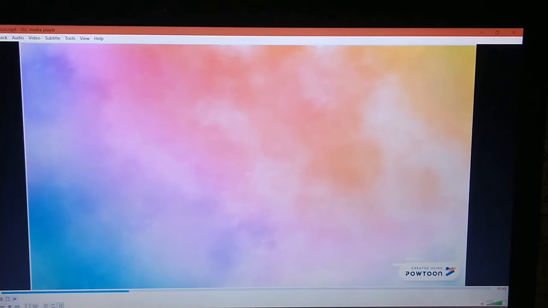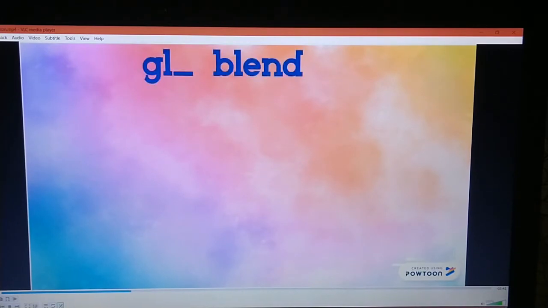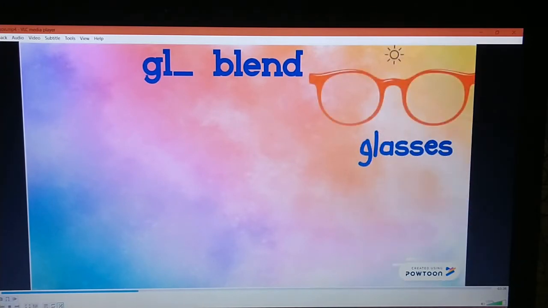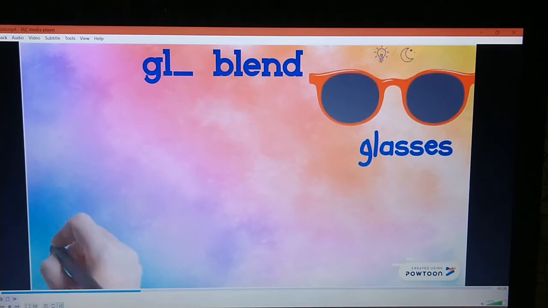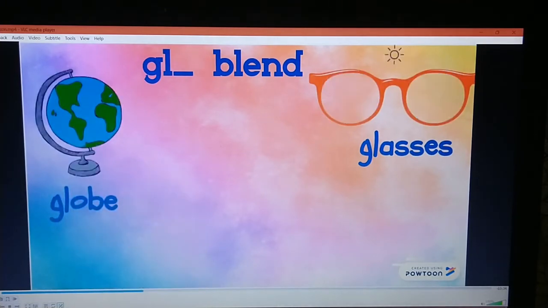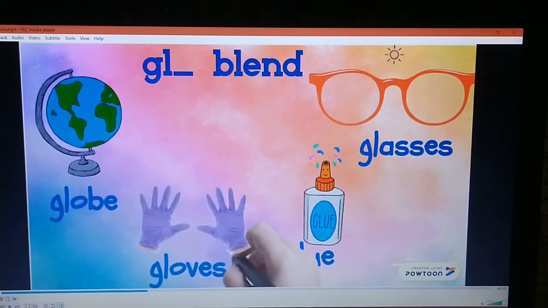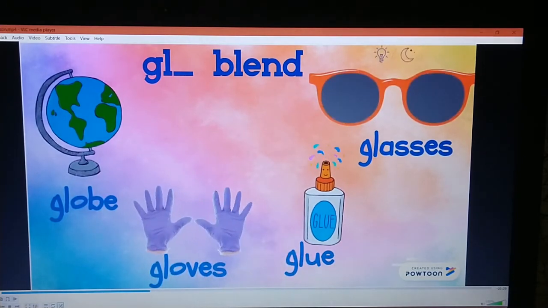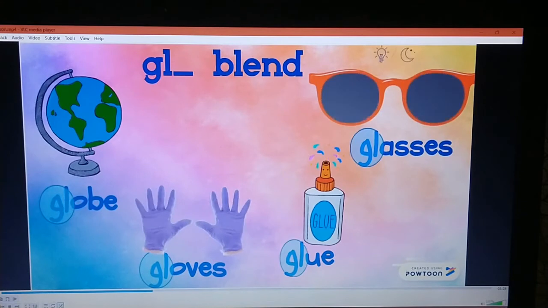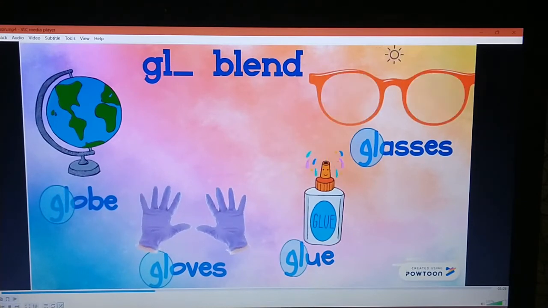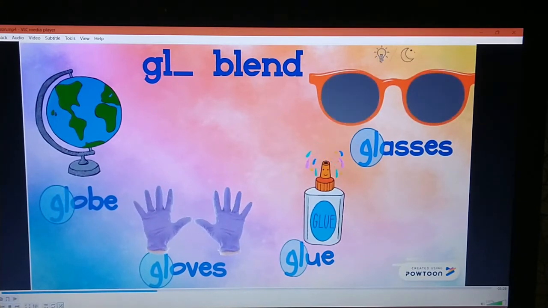Now, the next blend we have is gla, G-L, gla, glasses, globe, glue, gloves.